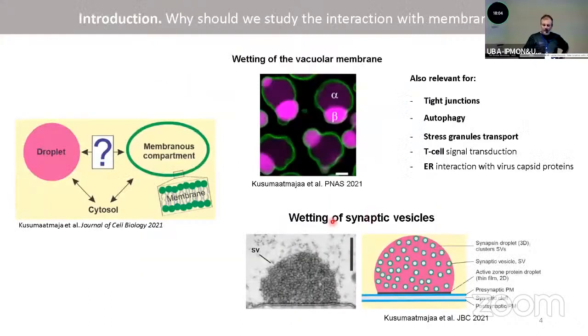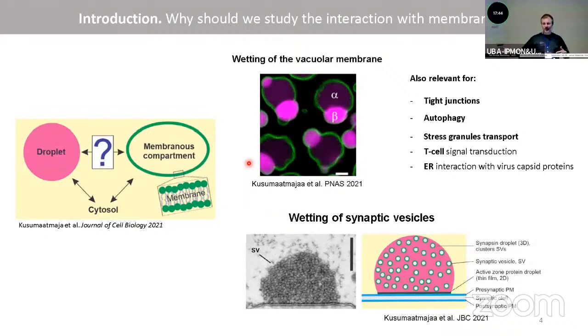But why is the wetting between these condensates important, which are, I insist, membraneless, so there is no boundary on the surface, with the membrane-bound organelles? Well, because in the cell it is well known that everything is together, right?